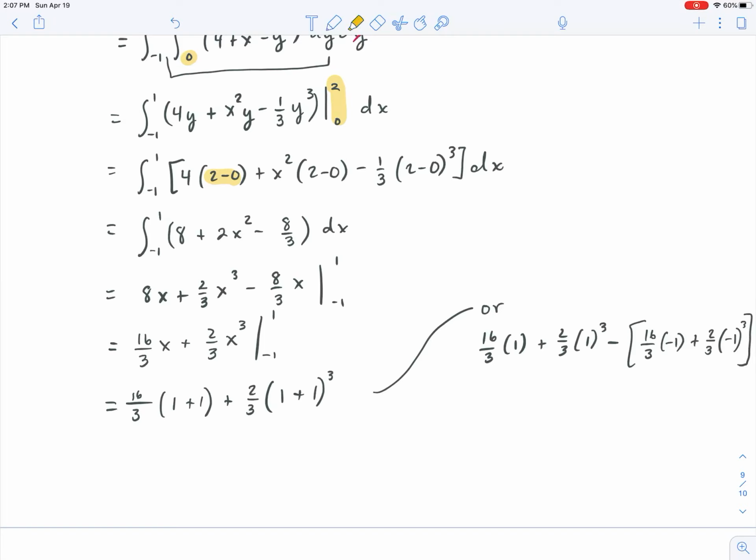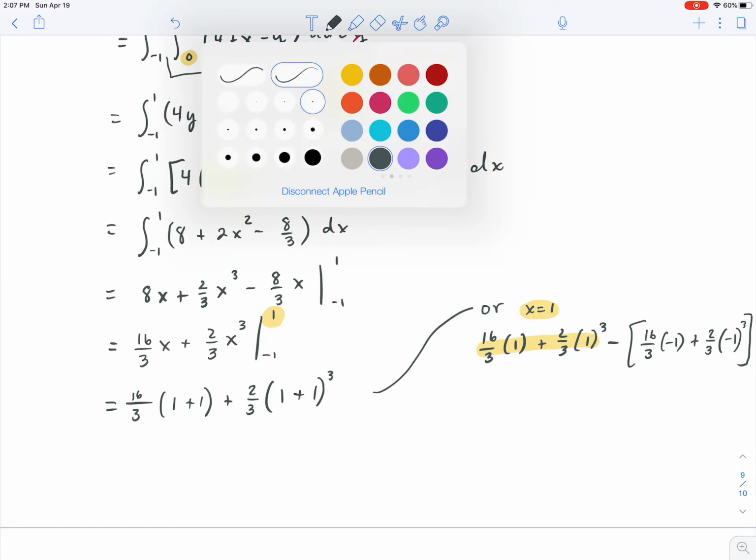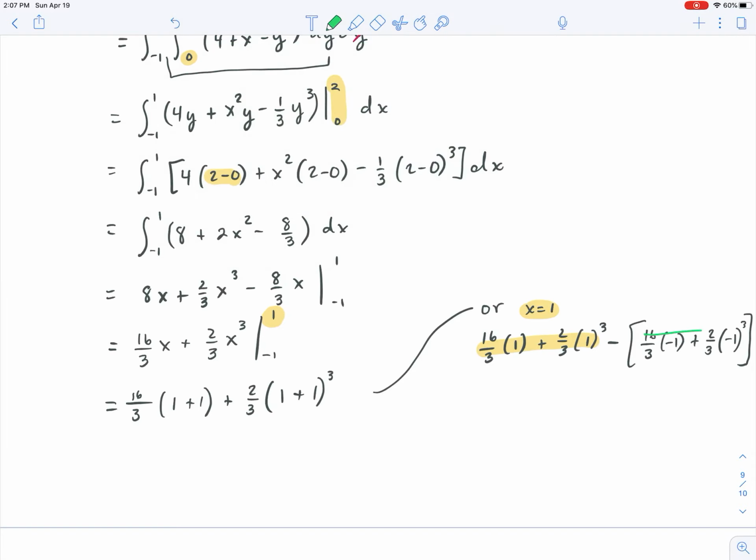So this is probably how you're used to doing it, where this is where x equals 1 was put in, and then the other side is where x equals -1 was put in.